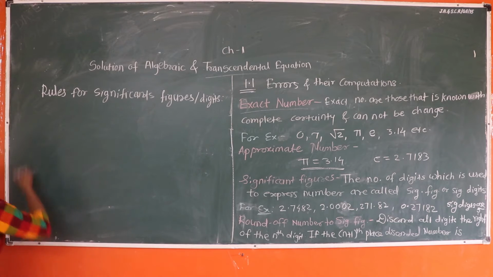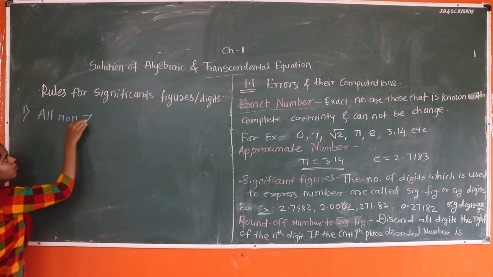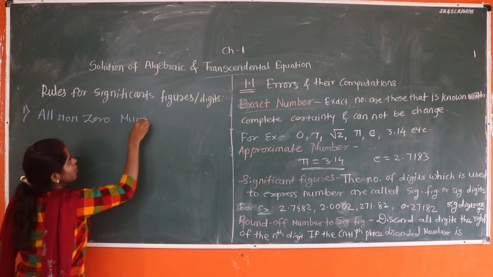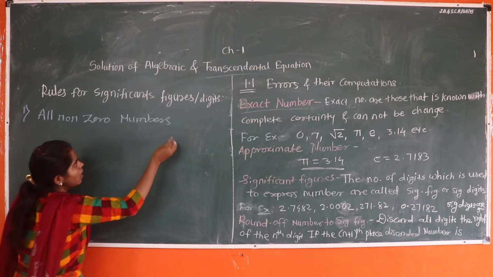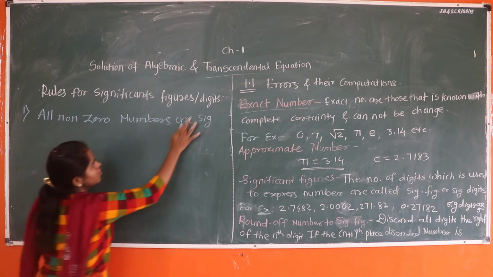First rule is all non-zero numbers are significant.